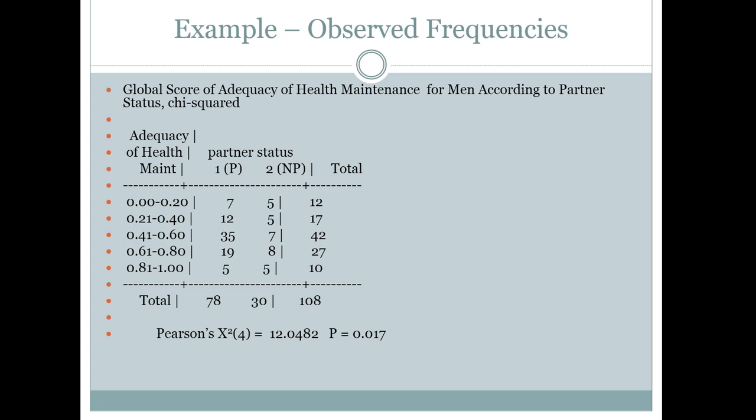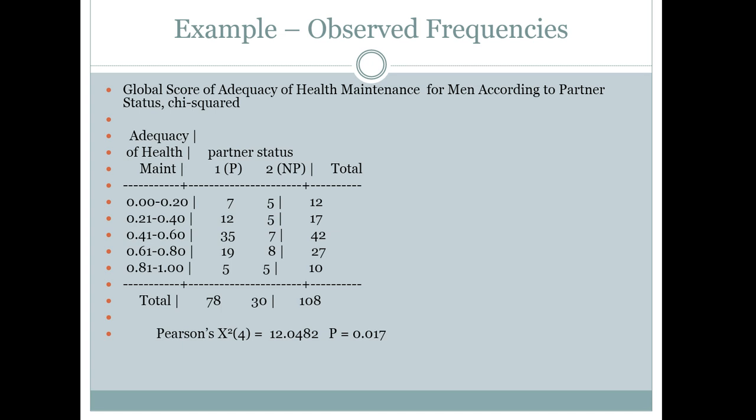So we just divided it into quartiles. Those who scored, obviously, 5 out of the 20 will belong to the first quartile, that's 0.00 to 0.20.